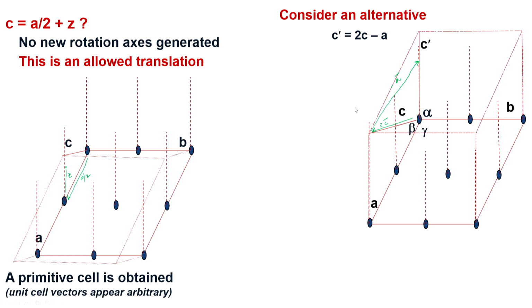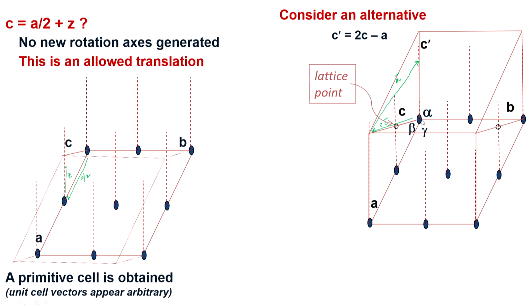Now, I can complete the unit cell. Now, again I have essentially A not equal to B not equal to C prime and alpha and beta are 90 degrees and gamma has no constraint. Now, how is this different from the previous case? Well, it is different in this manner.